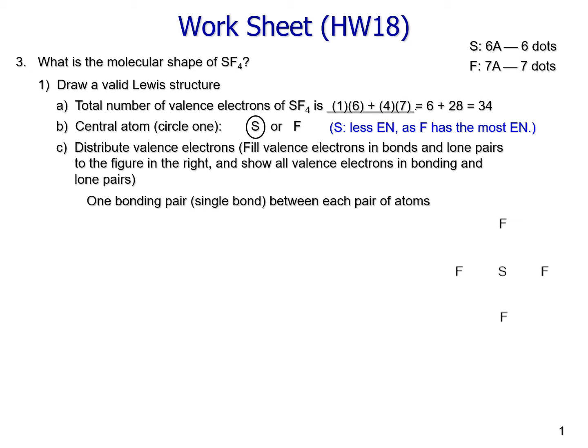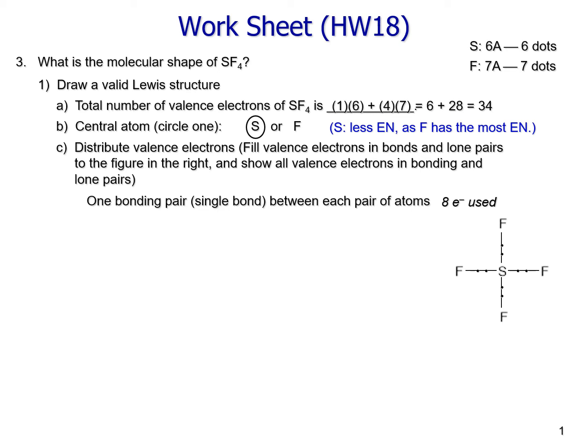That means we only give 2 bonding electrons for each pair of atoms. And of course, in chemistry, we prefer to use a dash to represent those bonding electrons, so a single bond between each pair of bonded atoms. As we count, we used up 8 valence electrons by connecting sulfur with the 4 fluorine atoms.